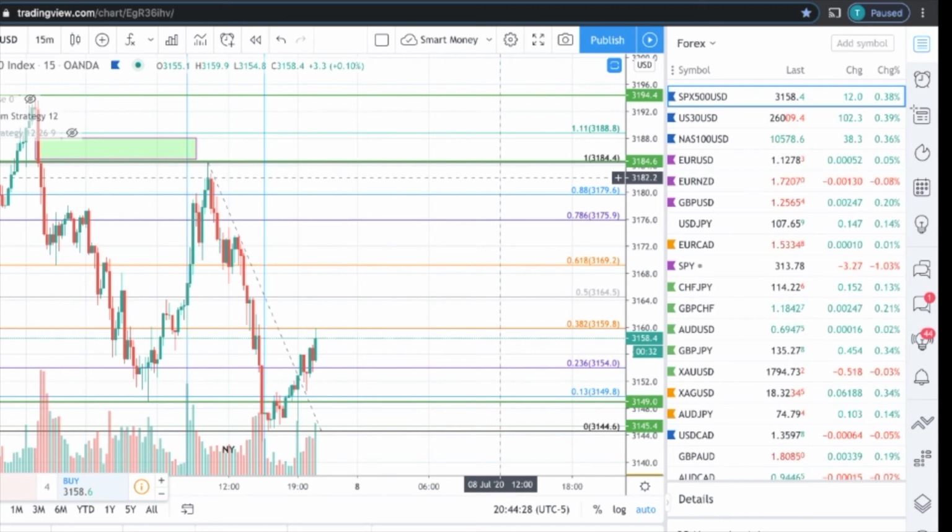Second take profit is 3147 or 3100. I'm just going to say the second one is 3100.